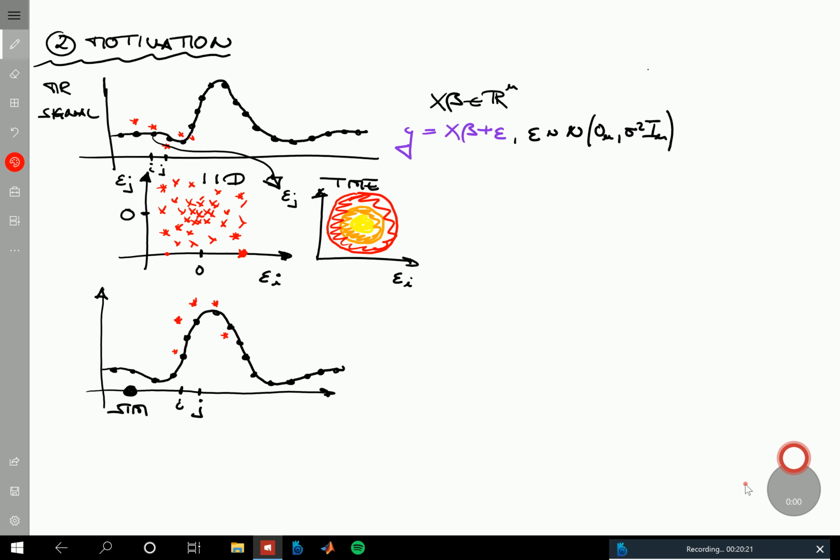That doesn't mean they always need to be positive, it just means that errors that are close together in time have a higher probability to be correlated than errors further apart in time.